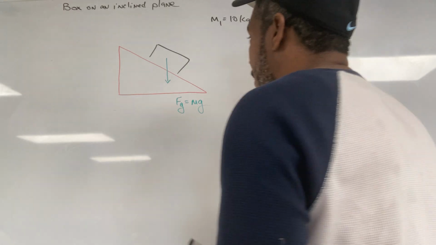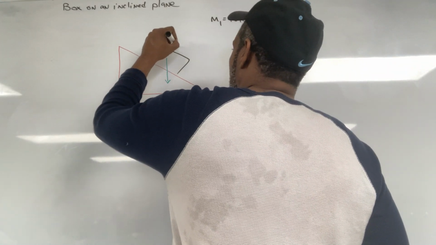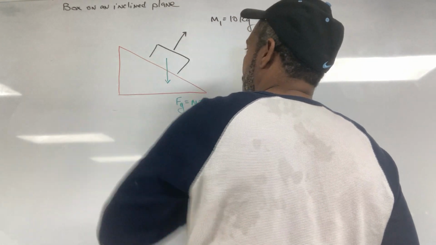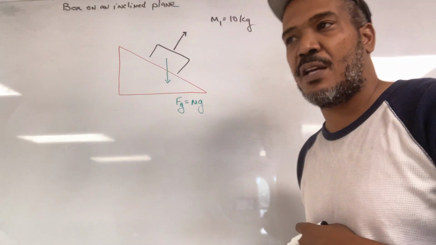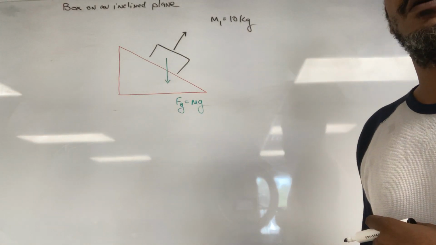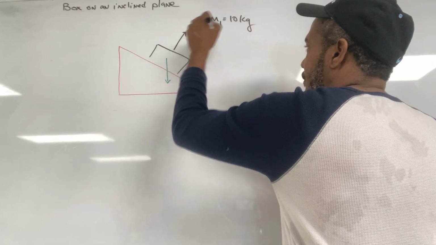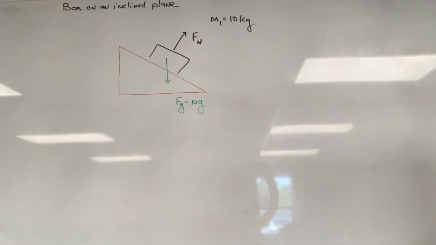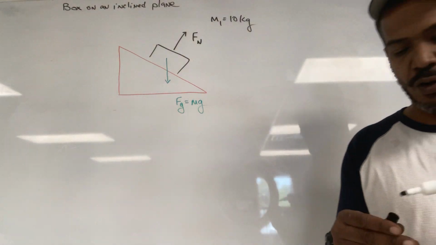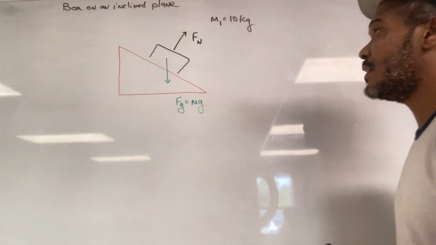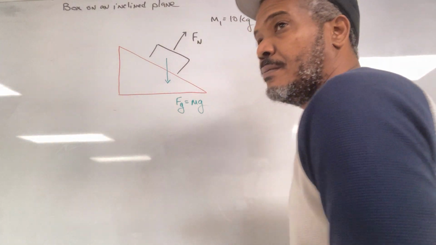That's why we learned the vectors first. Okay? And so this force is called what? This force is perpendicular to the surface. We call that what force? Normal force. Okay? And of course, we know that the box is going to be accelerating which direction?